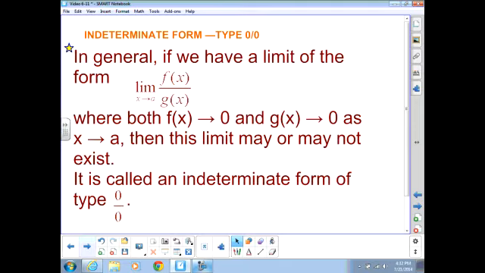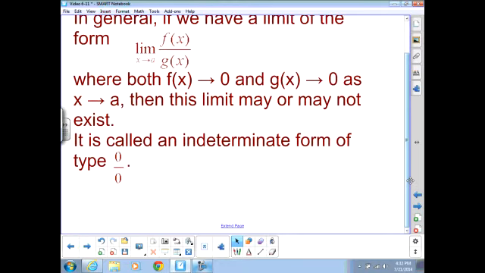So if you have some limit where it's a function over another function, and both functions individually go to 0, this is called an indeterminate form, 0 over 0. Now we said indeterminate is something that we cannot determine, and here's why. We don't know which one is going towards 0 more quickly.